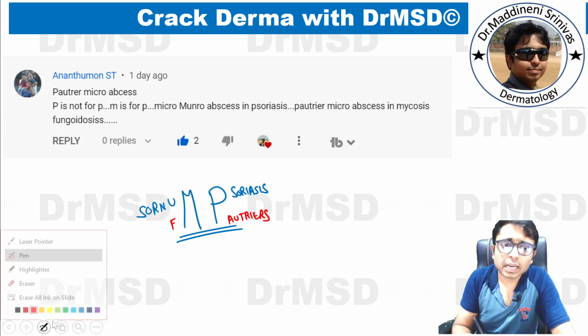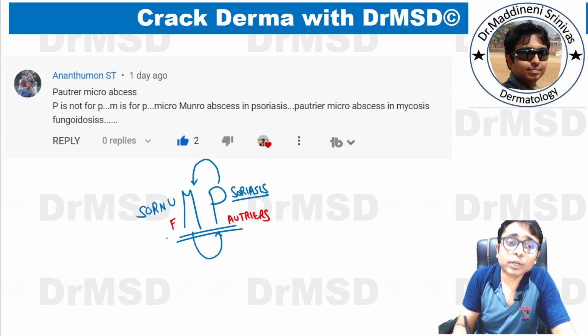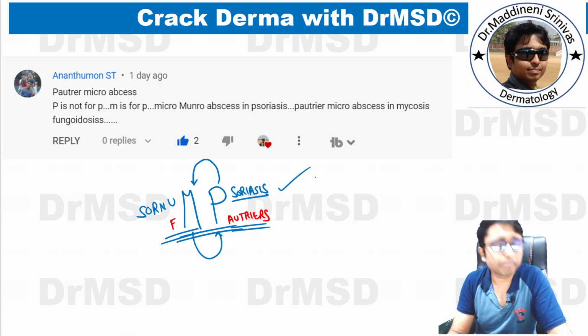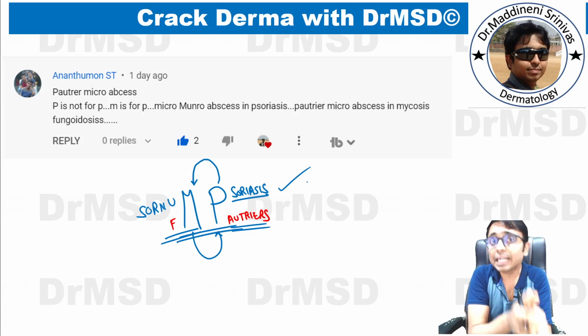So the funda is simple: in P there will be M, and in M there will be P. That is, in psoriasis, Munro's microabscesses are present, and in mycosis fungoides, Pautrier's microabscesses are present. So this is very important. This may look very silly, but it is a very much repeated question, so you should definitely remember this.